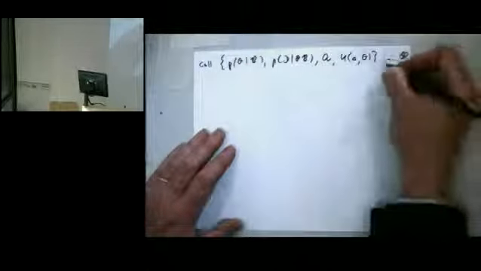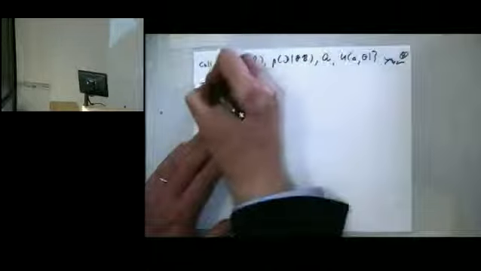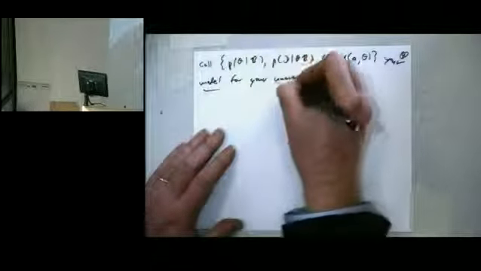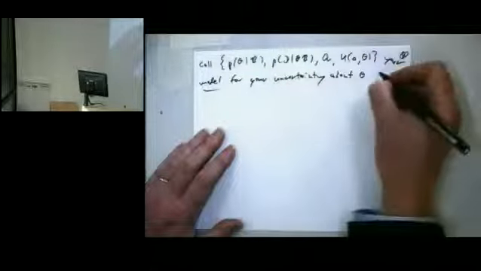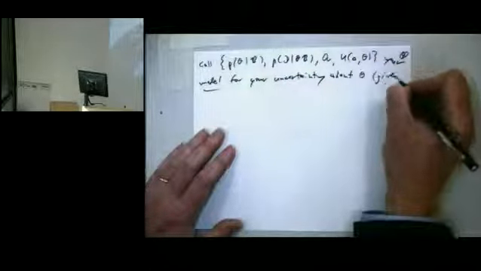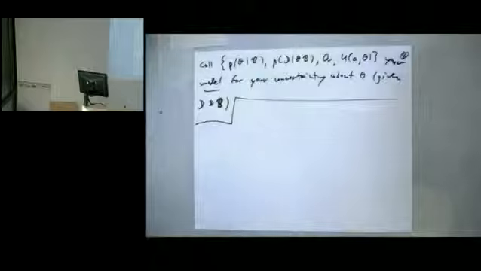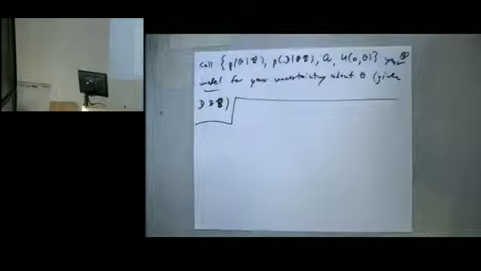Let's call that your model for your uncertainty about theta given D and the background information, script B. So that's where we're going to call those four things collected together your model. You could call it your statistical model. Let's just call it your model.